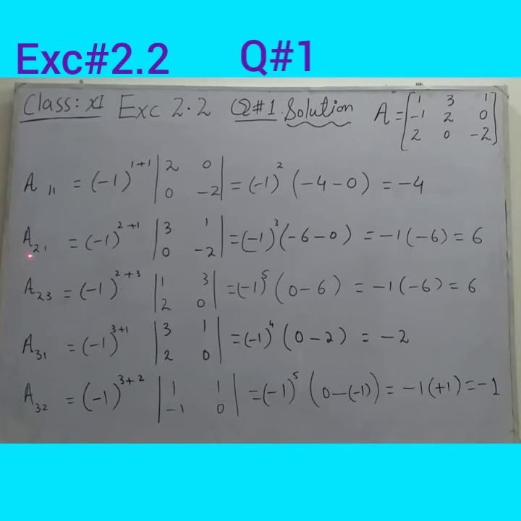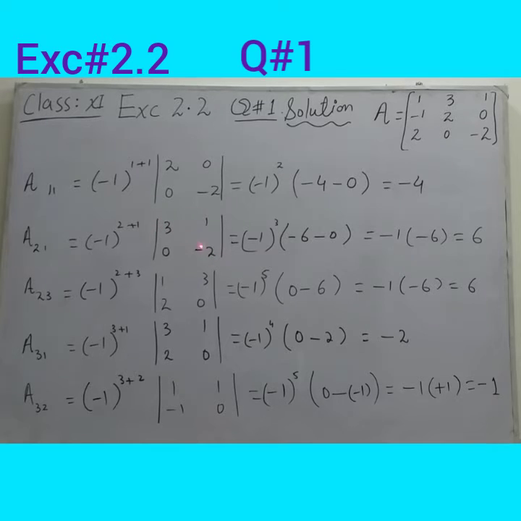Similarly, the next cofactor is A21. A21 means second row and first column, so its position is on minus 1. Now ignoring the row and column with minus 1, we have 3 1, 0 minus 2 in the determinant, which is equal to minus 1 raised to power 2 plus 1, gives 3.